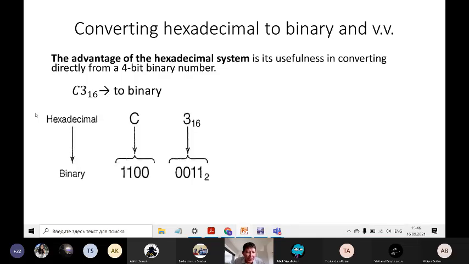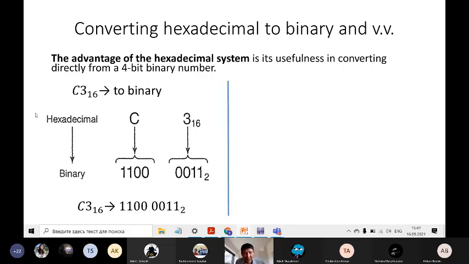It's very easy. You write down each digit separately: for 3, you can check the table I showed you previously, and you see that 3 is 0011. Then separately you see C, check the table, and take 1100. So C3 is actually 1100 0011 in binary.